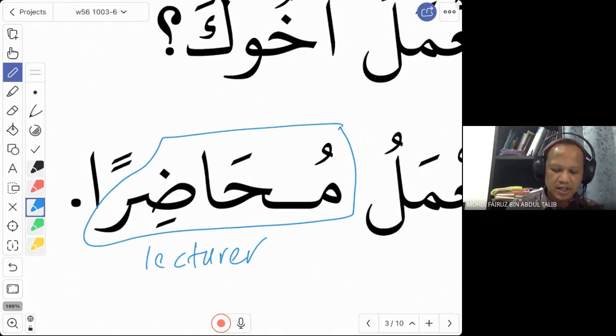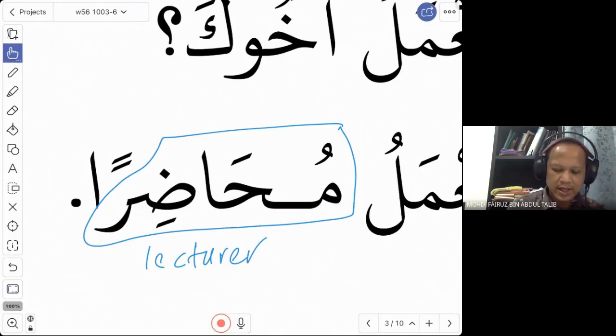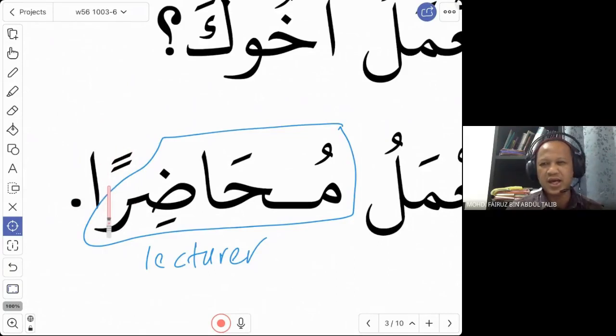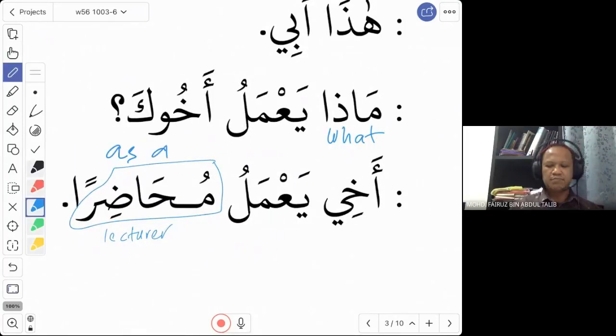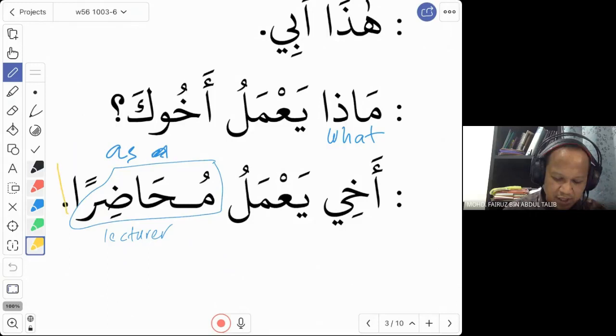The word is muhadir, but in the structure, they end this word with a tanwin. So they say muhadiran. Why is it muhadiran and not muhadir? This is because of the grammar function of the sentence. In this sentence, they want to say my brother works as a lecturer. In Arabic, if you want to say as somebody, you have to end the word with a tanwin.